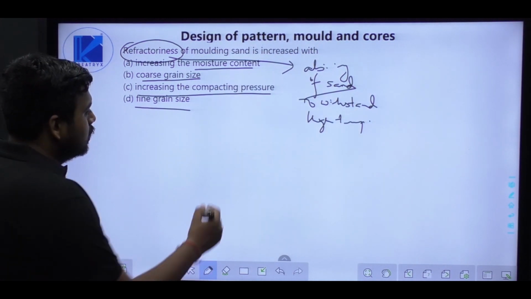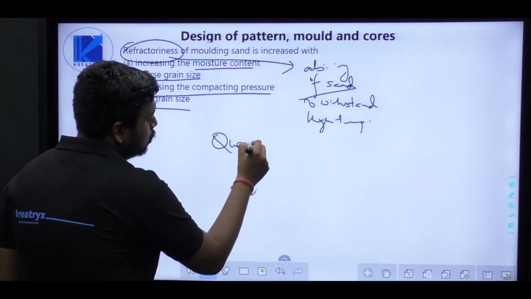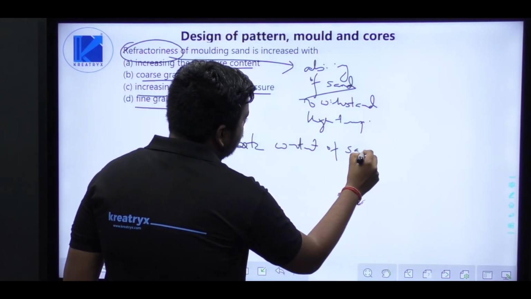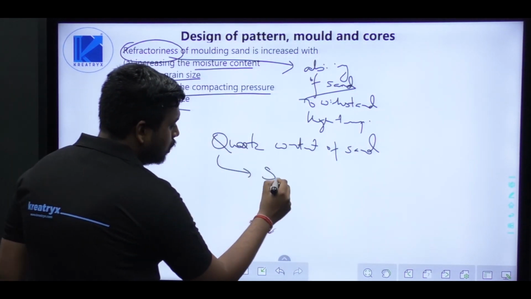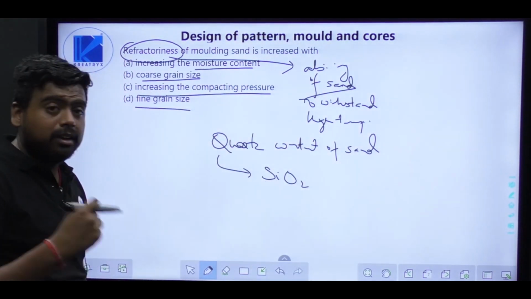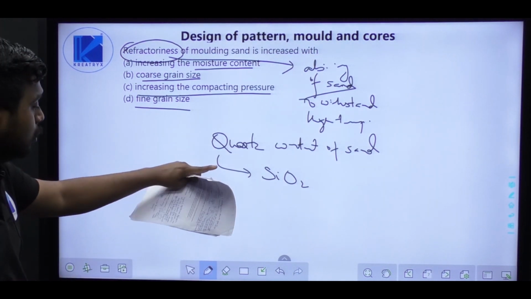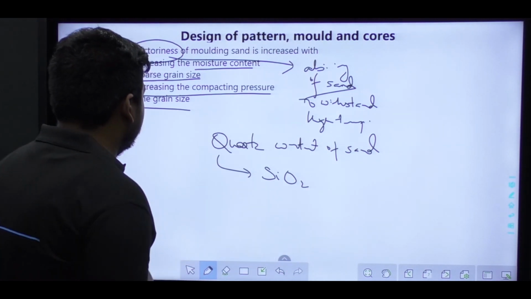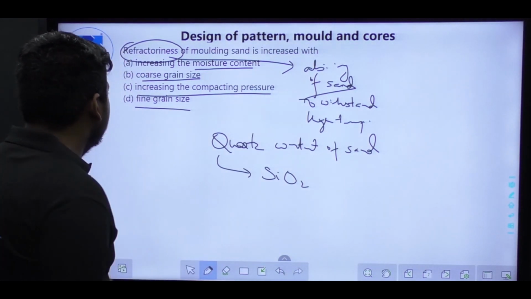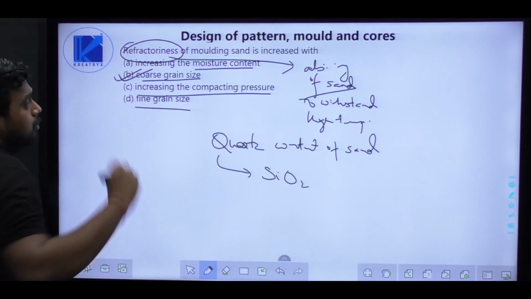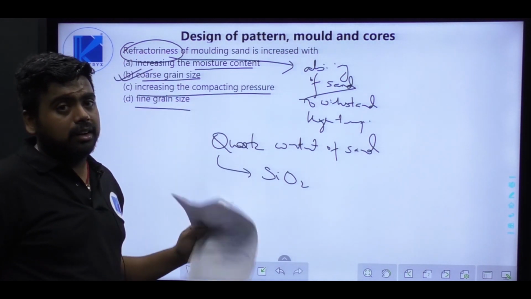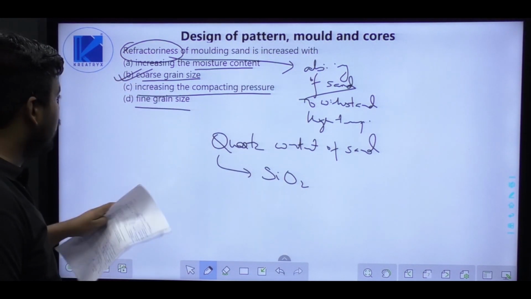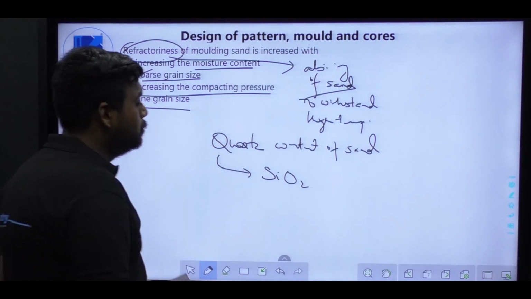And quartz is SiO2. So the higher the quartz, that is the higher the SiO2 concentration, and the coarser the grain size, the higher the refractoriness. So refractoriness increases with coarse grain size. So the right answer to this question is option B.